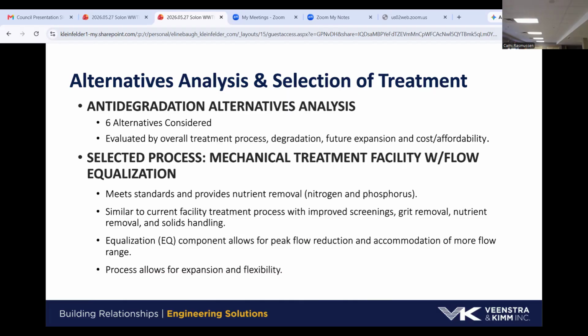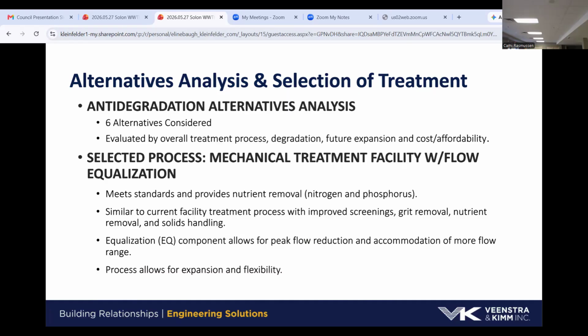And then it also included an equalization component to utilize the existing wastewater treatment facility as peak flow storage and potentially accommodate some more flow range in the future, as well as maintaining that site for any future processes that might need to be added. And the big thing here is that this new site also allows for expansion and flexibility. So we've looked out past 2050, even into the future, and what we could do with that site.